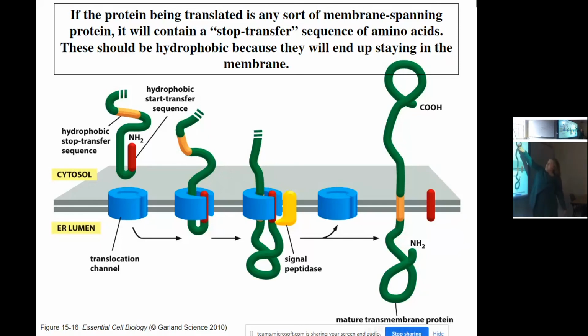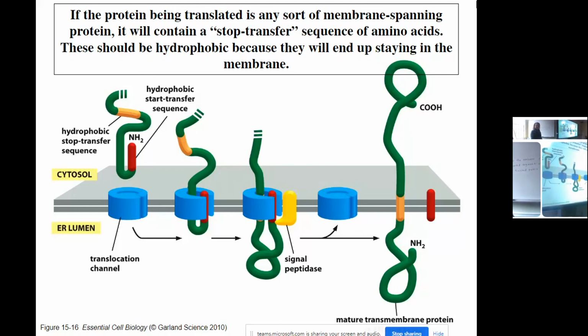On here, this is the cytosol, this is the ER lumen. If you need a protein to be built into a membrane, this is how it stays in the membrane. So when this reaches the translocation channel, it signals the ribosome to just translate the rest of this on this side. And the protein can be built into the membrane in this way.